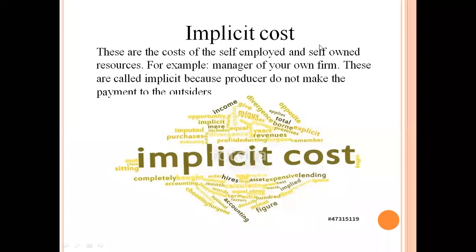Definitely no. That is known as implicit cost, which means when there is a self-owned resource, self-owned building or self-owned employment resource, in that case you are not paying the amount to outsider, but don't forget it is the cost.